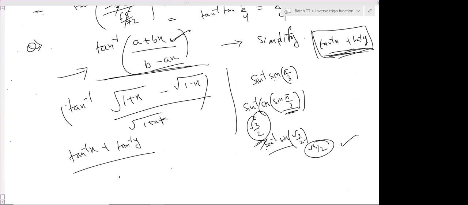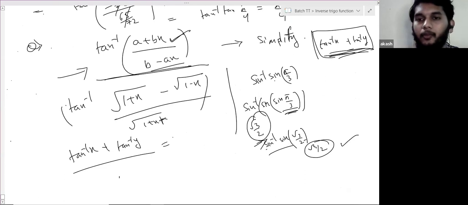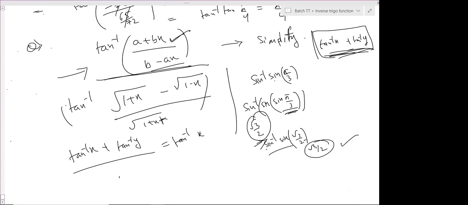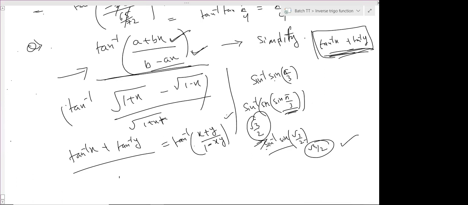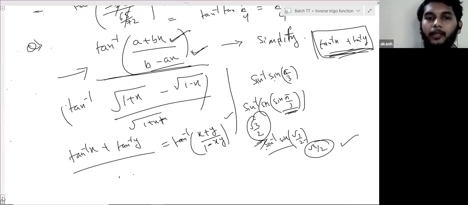The formula here is tan inverse of x plus y upon 1 minus xy. So we can easily see that this question is the right part of the formula, right? And Kinza, this is clear? Yes, sir. So we have to go from right to left.